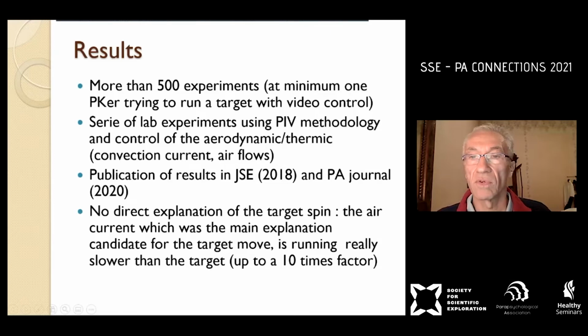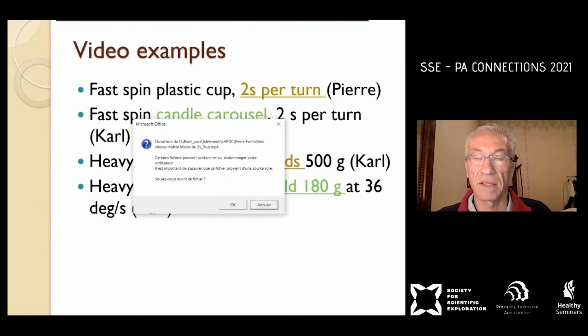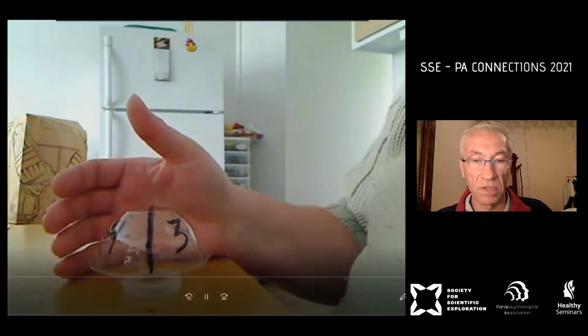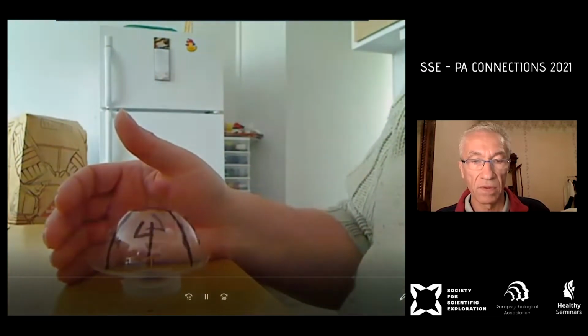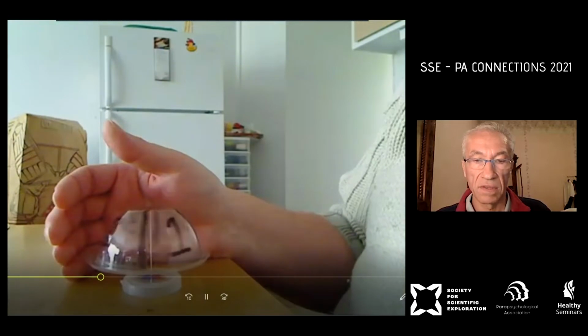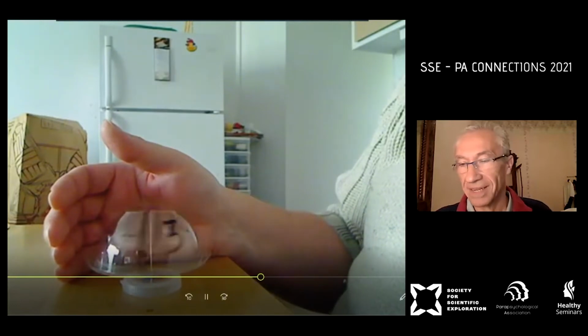So just to give you some examples, I will take one light target which is spinning very fast. For example, this one. It's a PKer, a practitioner in Canada. So the target is starting. Then you see that it's moving faster here, depending on your internet connection.